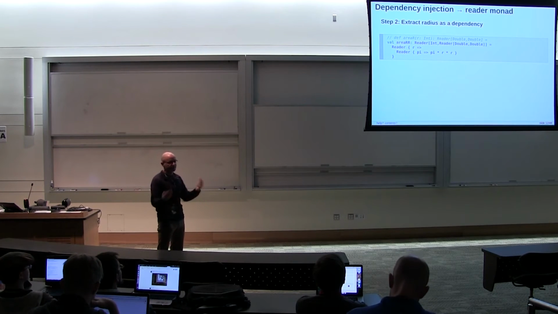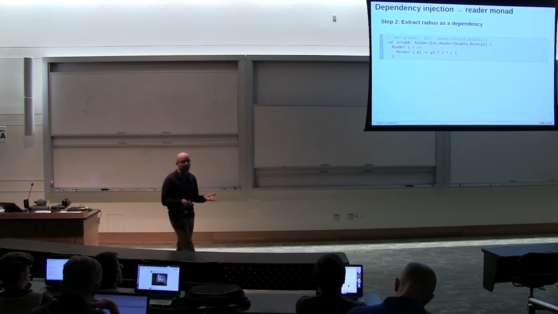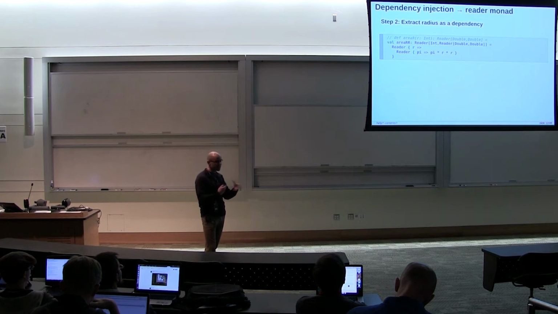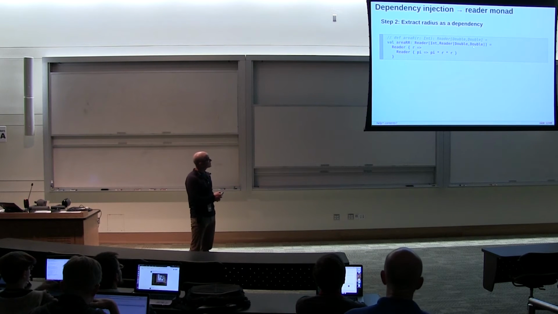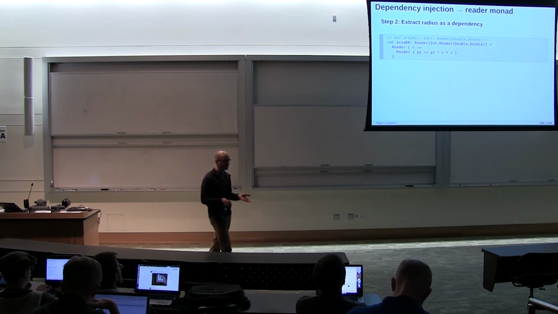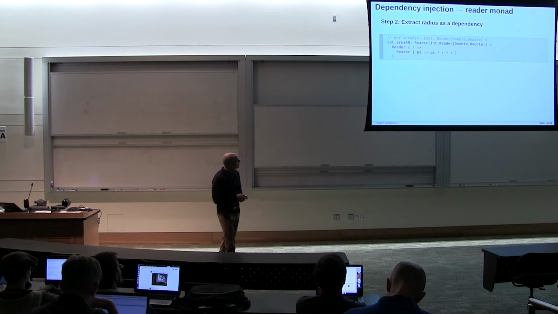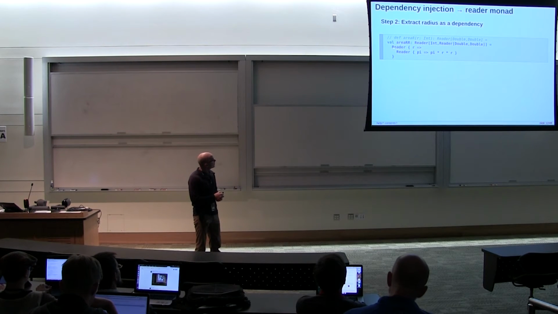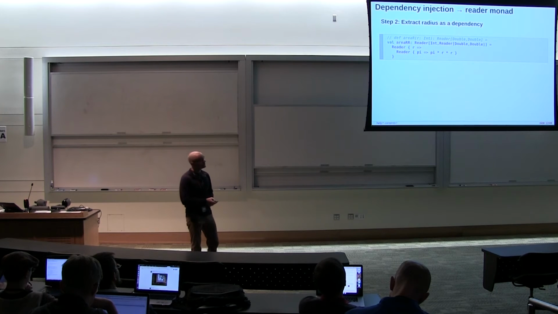So that's another thing that has another dependency. That thing has a dependency, which is a double, and that's pi. When we supply that thing with pi, it will finally give us a value that is a type double, and that's the area that we're looking for. And the way we build this thing up is we construct a new reader that takes radius, and it returns a new reader that takes pi and returns the area.